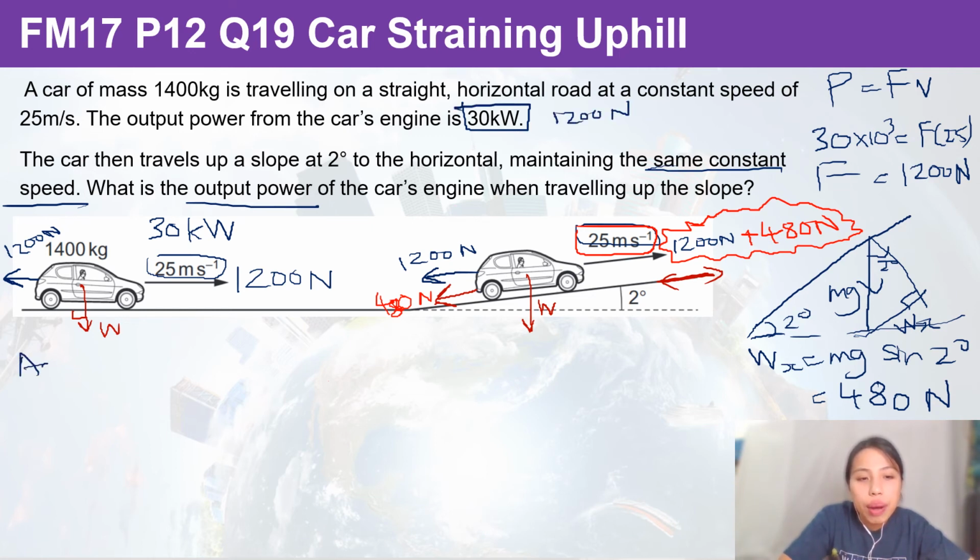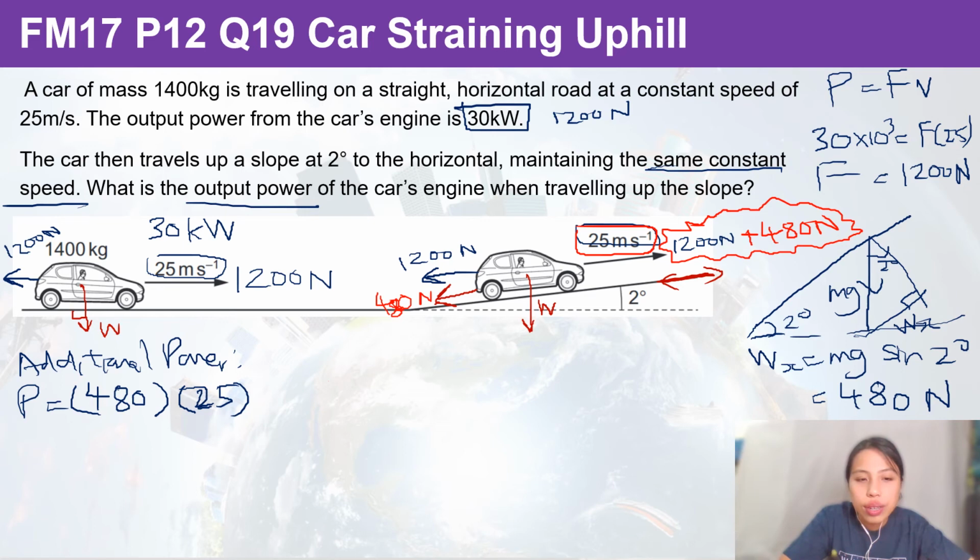So the additional power needed is, you can take force times velocity. So the additional power needed to counter that weight component is 480 times, and you're at a speed of 25 meters per second. This is the additional power you need to fight against the weight of the car.